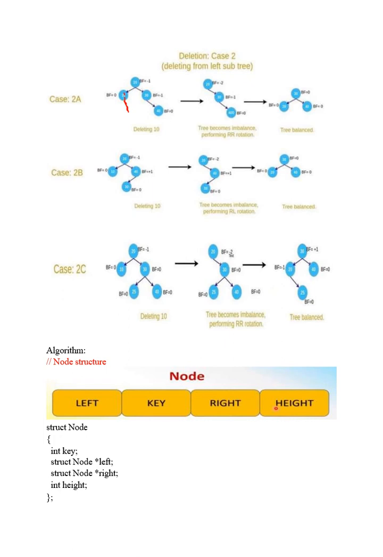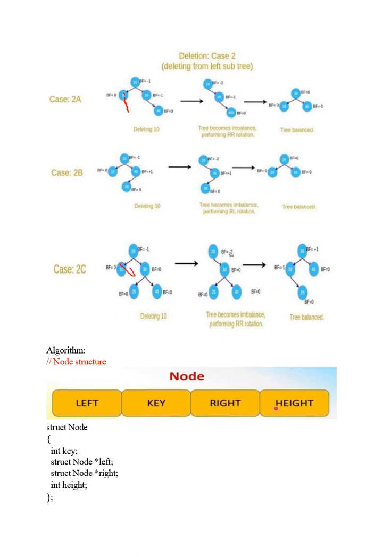So in RL rotation, we have to take this to the center and the tree becomes like this. Next, if I want to delete 10, then it performs RL rotation. So that's all about deletion, the same as binary search tree.